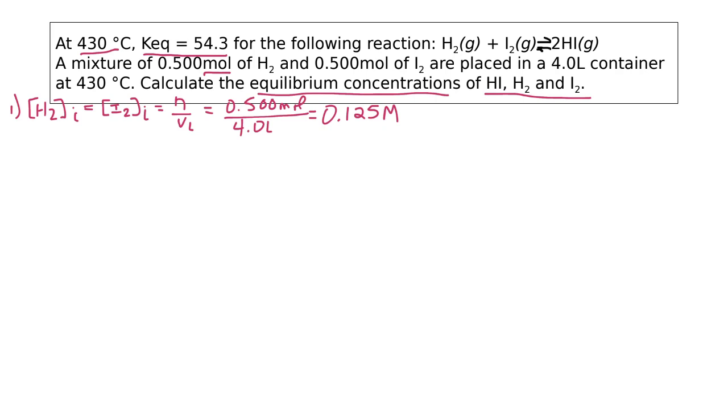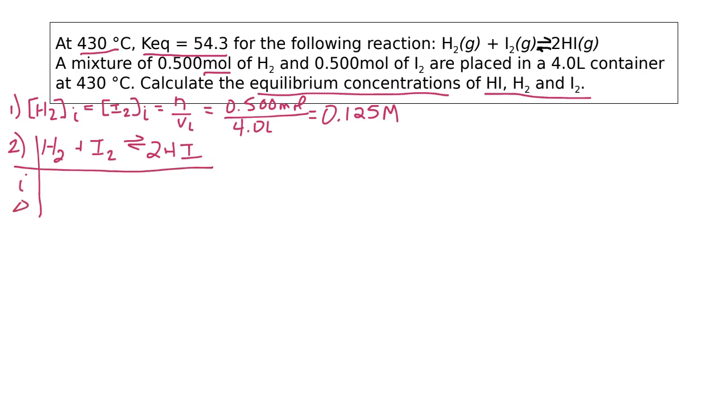Okay, once we have that done, we now know we're going to need an ICE chart because we have initial concentrations and they are asking us to solve for equilibrium concentrations. So we rewrite our equation, and I don't usually worry about states because right now we are studying equilibrium that is all gases. So we're going to set up my ICE chart.